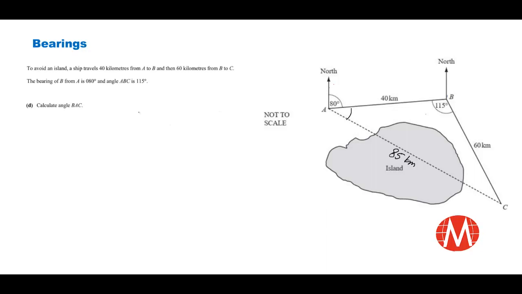So sine of angle A over the opposite side, which is 60, is equal to sine of 115 over 85.